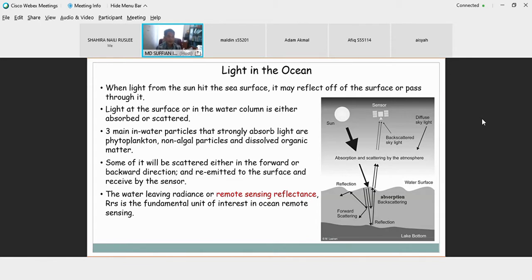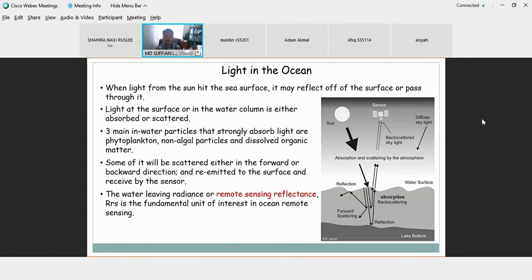And then we have remote sensing reflectance, also known as water-leaving radiance. Remote sensing reflectance (RRS) is very important. It is detected by the sensor and used to measure the optical properties of the ocean.